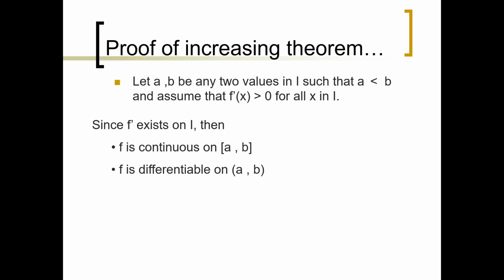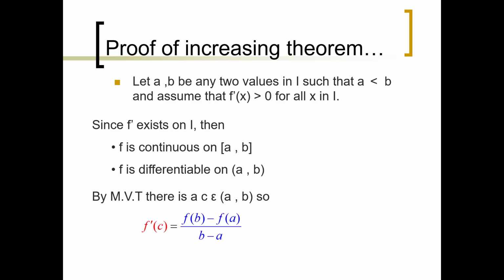That means f must be continuous on the smaller contained interval inside of I from a to b. Obviously also, f is differentiable on the open interval from a to b. That means I can use the mean value theorem.